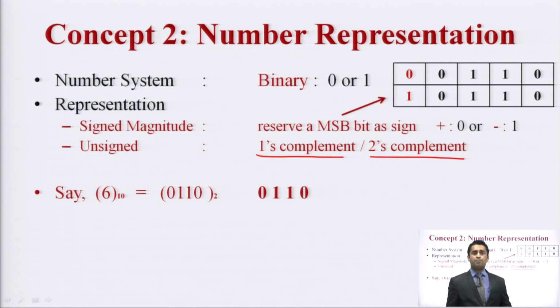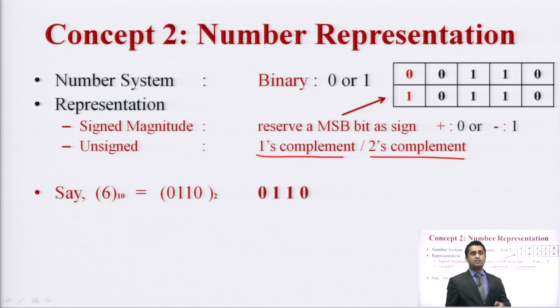If a number is in positive form, then it is not required to change the representation of the number in 1's complement or 2's complement. This is an important thing when we talk about exam questions. Then 1's complement and 2's complement are used when we are talking about negative numbers.